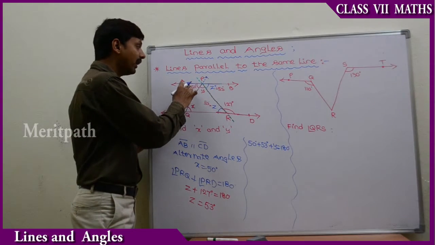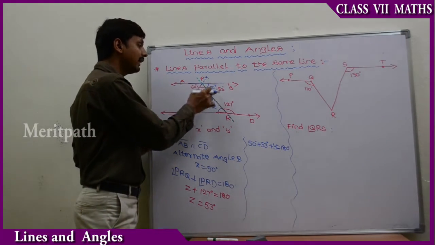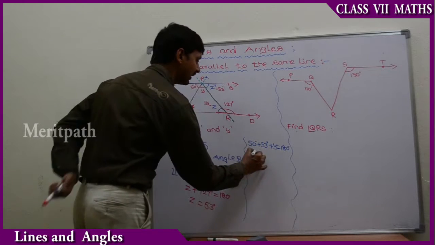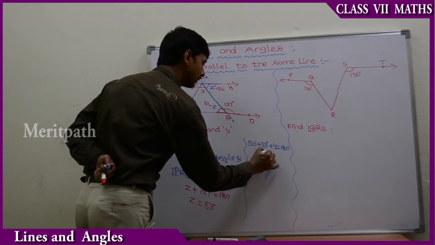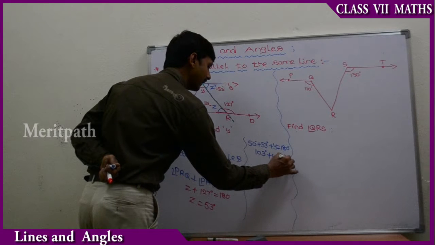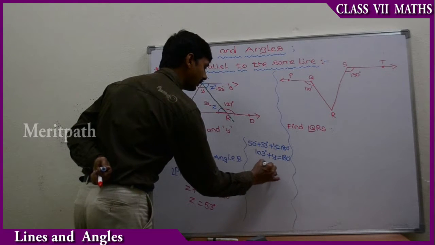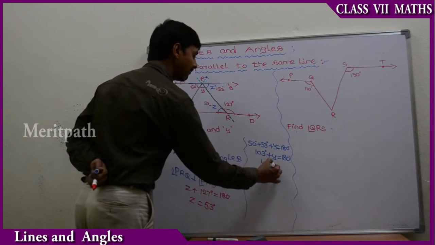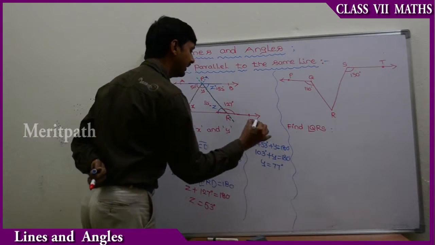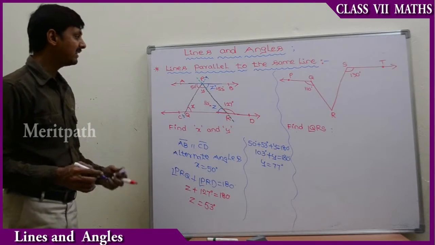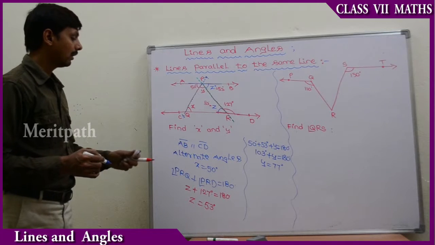So 103 plus Y is equal to 180 degrees, and subtracting, we get Y equal to 77 degrees. So Y is 77 and Z is 53.